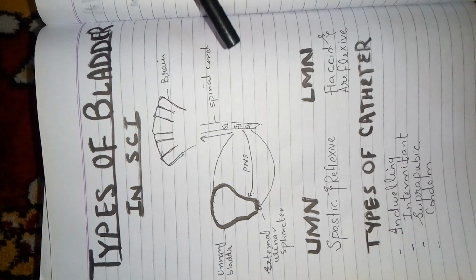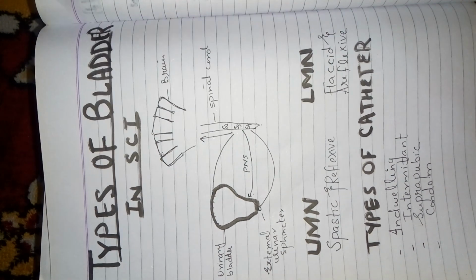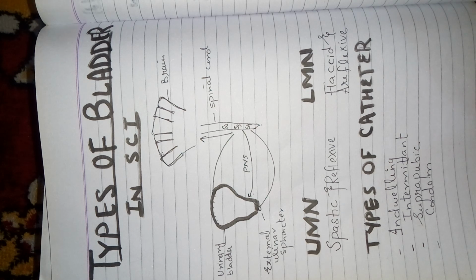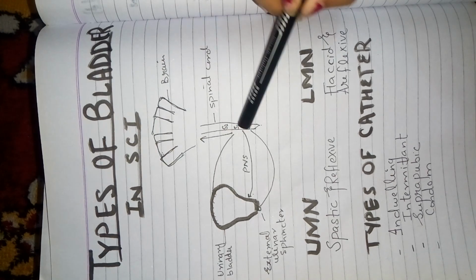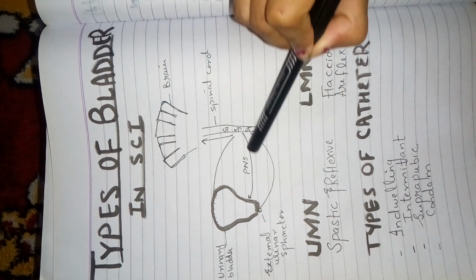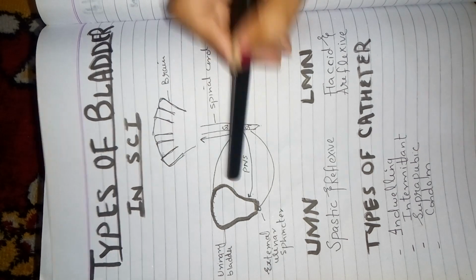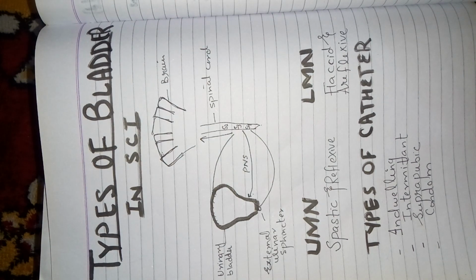And which levels of the spinal cord are involved in controlling the micturition reflex? That is S2, S3 and S4. These three sacral levels control the micturition reflex. So the signals travel from the bladder towards the sacral levels of the spinal cord. From here, the spinal cord activates the parasympathetic nervous system and tells the bladder to release the urine.